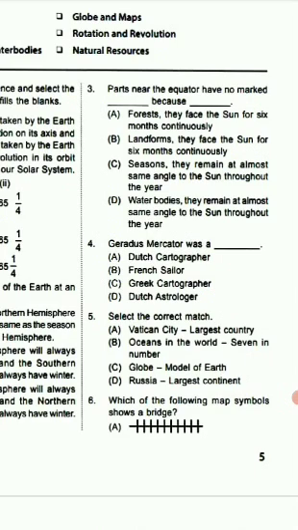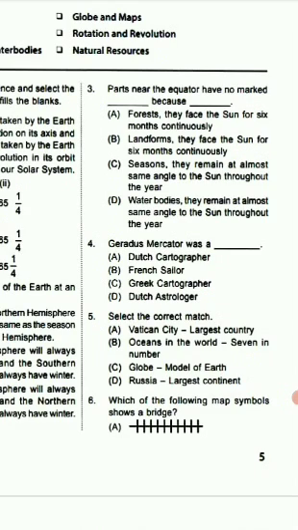It is C. Globe, model of the earth. Vatican City is the smallest country. There are 5 oceans. And Russia is the largest country. C is the correct option.